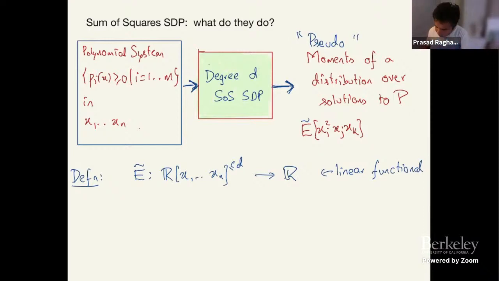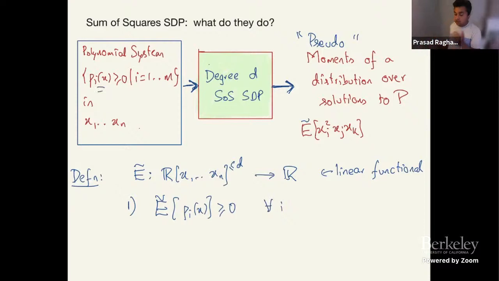Okay, but what does this satisfy? Firstly, it satisfies the polynomial system that we gave it. Meaning E tilde of p_i(x) is greater than or equal to 0 for every constraint in my polynomial system: its pseudo expectation is actually non-negative.